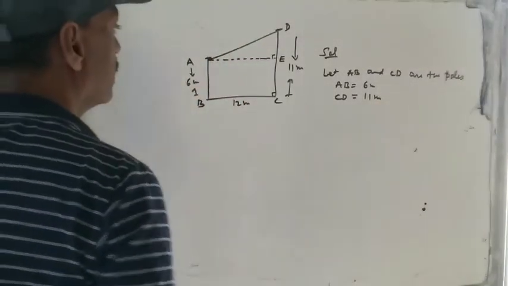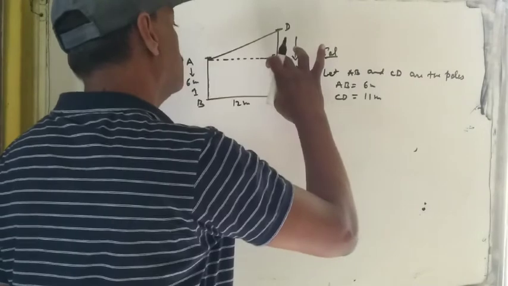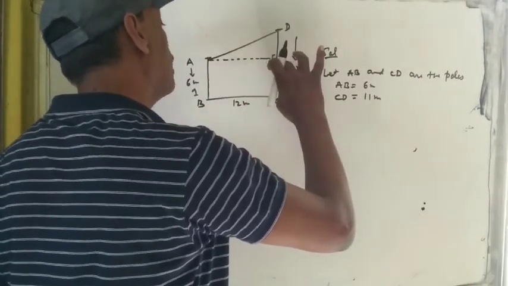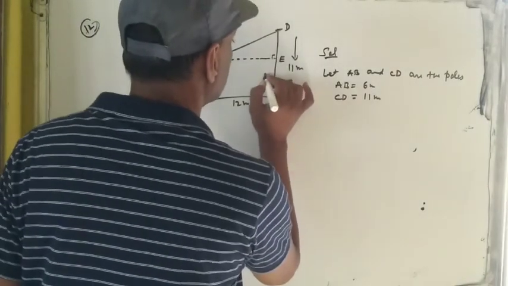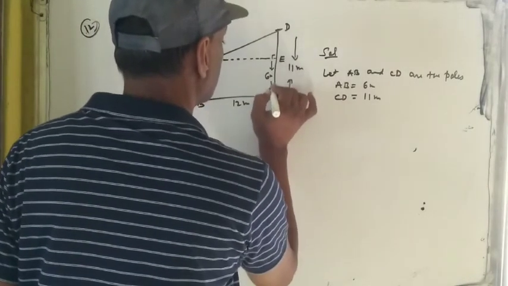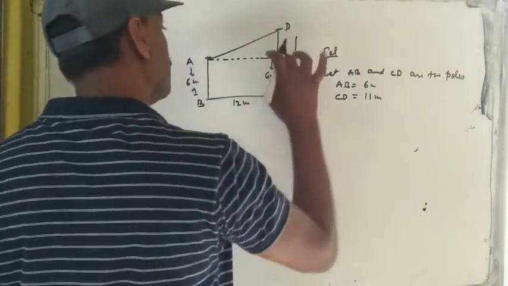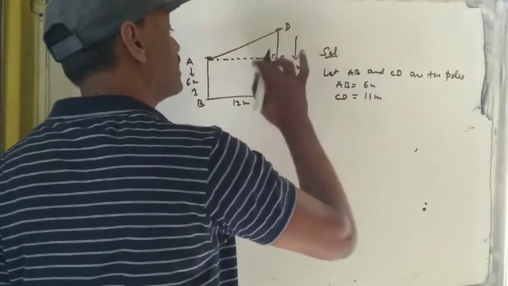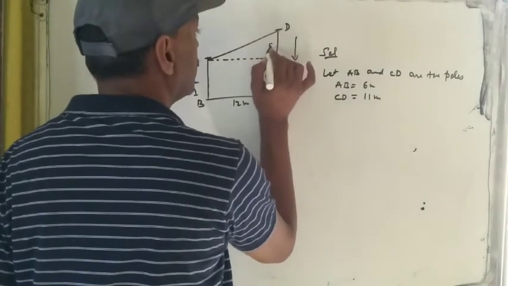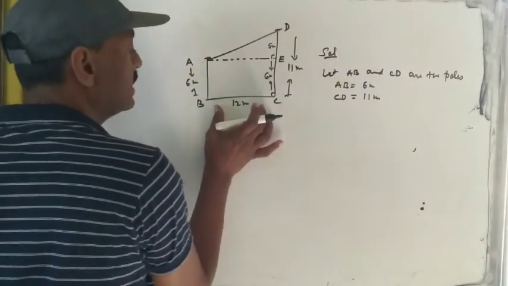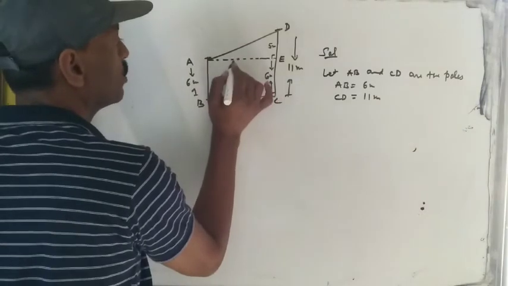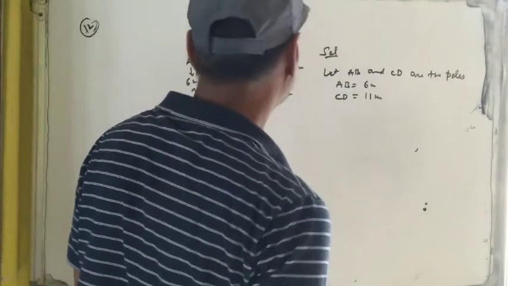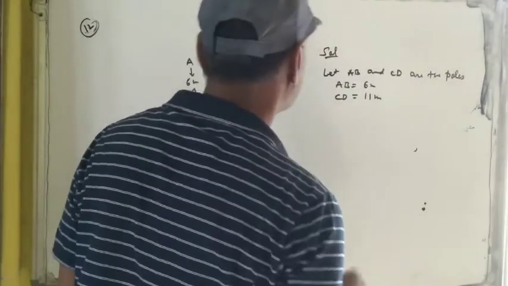Now if AB is 6 meter, then CE will also be the same, 6 meter. So if the total length is 11 and this one is 6, then 11 minus 6, this DE will be 5 meter. And if BC is 12, then AE will also be 12 meter. So we should write all this information here.